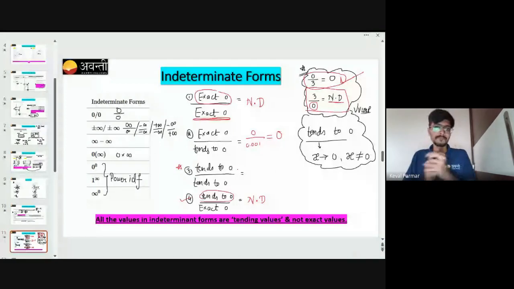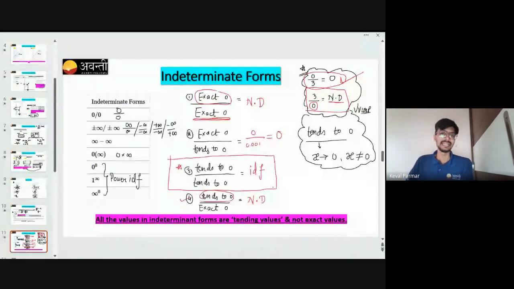This is the case of our interest: tends to 0 upon tends to 0. This is mainly my indeterminate form. Let me explain why. Tends to 0 means a quantity which is close to 0, so we have infinite possibilities.